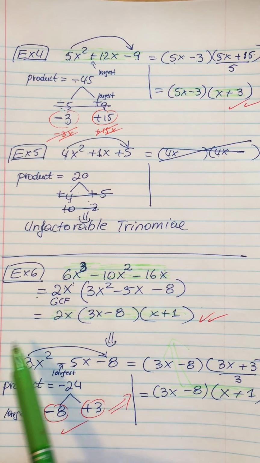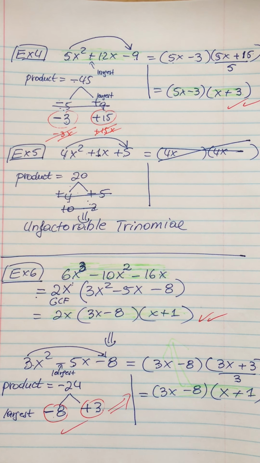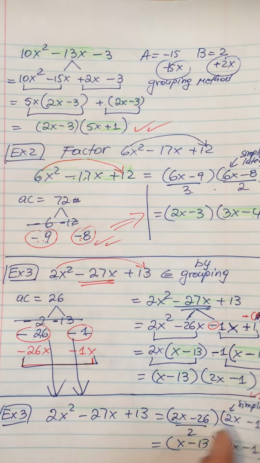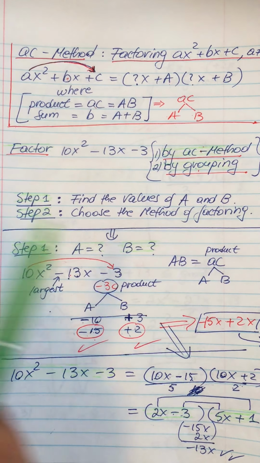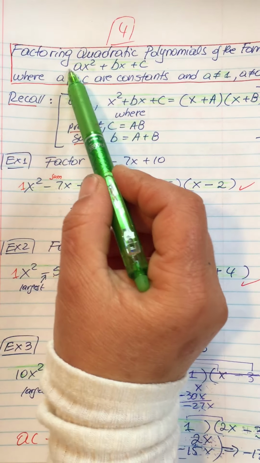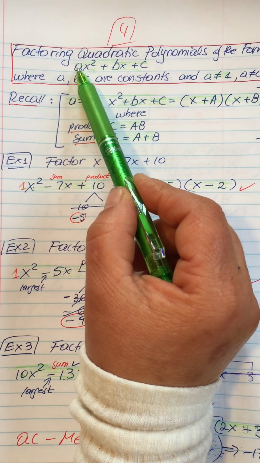So thank you very much. This was the lesson today. So I introduced you to two methods in order to factor a trinomial when the coefficient of x squared is not 1. So today we factored this form. The coefficient of x squared is not 1.